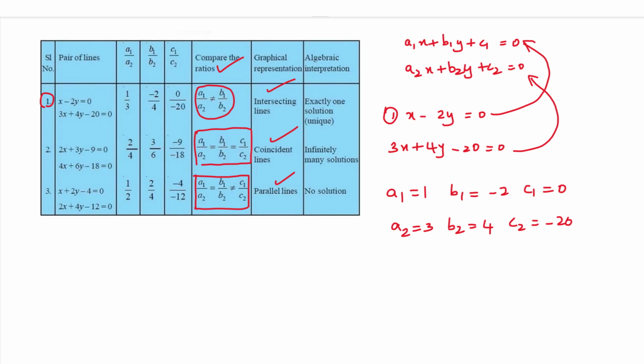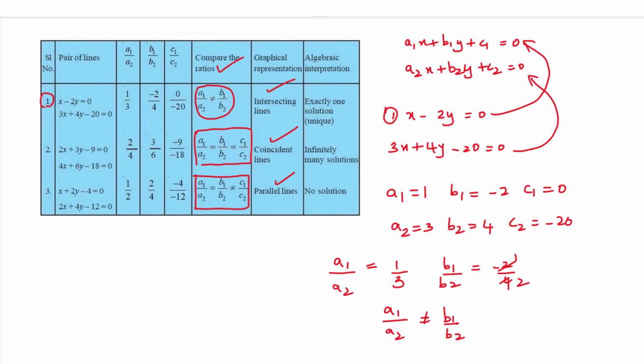So on comparing the ratio a1 by a2, we get 1 by 3, and b1 by b2, we get minus 2 by 4. Are these two equal? This is minus 1 by 2. Are these two equal? No. So we say a1 by a2 is not equal to b1 by b2.